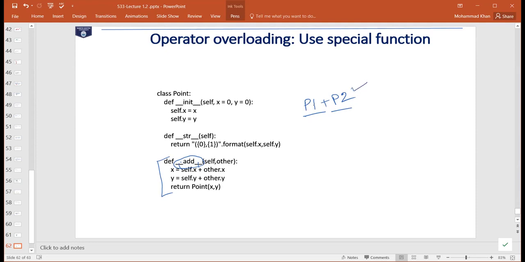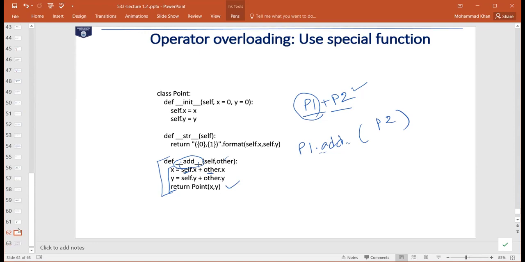This method will be called for P1, whatever object we have on the left side, like P1.__add__. We know the self pointer is the memory address for object P1, and the other will be P2. Then this function body will calculate with self as P1 and other as P2, and it will return the result.